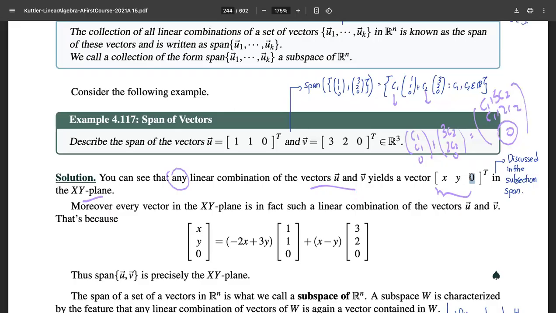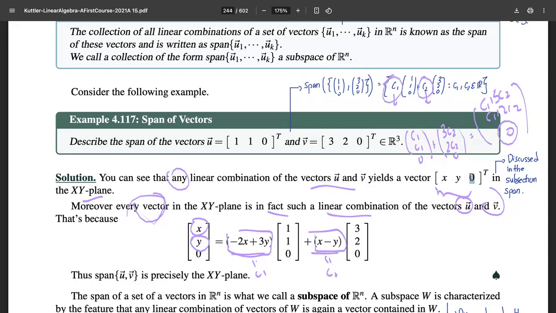We can also show that every vector on this plane can be written as a linear combination of u and v. This is how we can do that. If we are given a vector on the xy plane with x component x and y component y, the coefficients will be given by these two terms, and this will be the C1 and this will be the C2 in this definition.